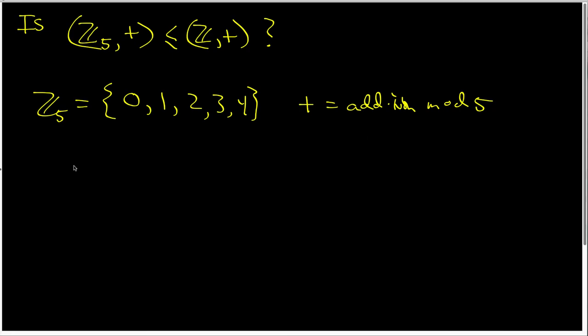And Z5 under its addition is a group. You have previously proven that in class. So this guy is a group. And let me clean that notation up as well. Z is, of course, all of the integers.